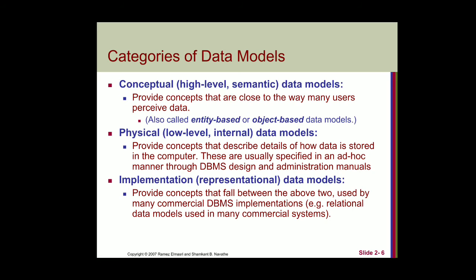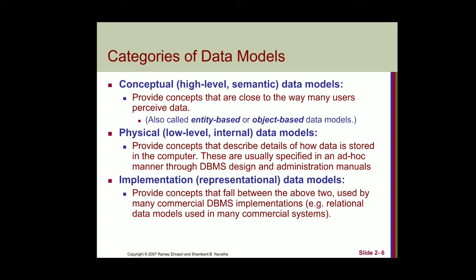Then we will look at the different categories of data models. Data models are classified as conceptual data models, physical or low level or internal data models, and the third is implementational or representational data models. First we will see the conceptual or high level or semantic data models.